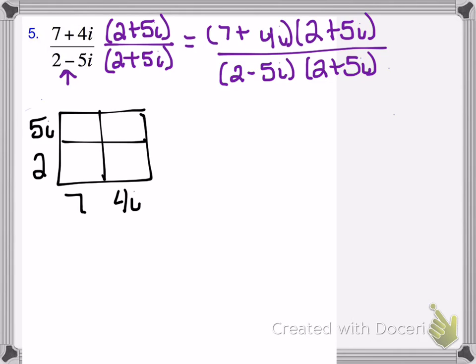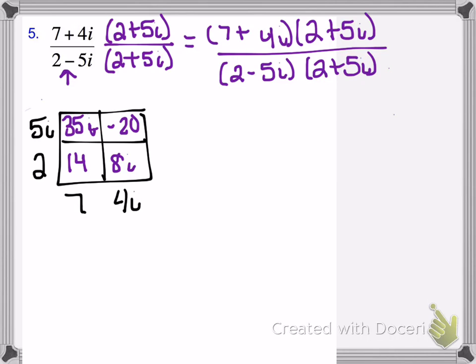Placing my products on the outside, and then again, multiplying to get the interior. Again, here I have 5 times 4, which is 20, but i times i is i squared, and remember i squared is negative 1. So really I have 5 times 4, so 20 times negative 1 is a negative 20.